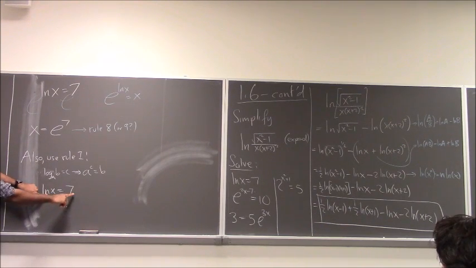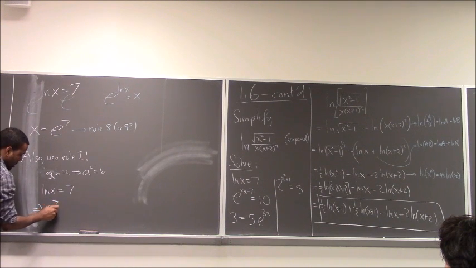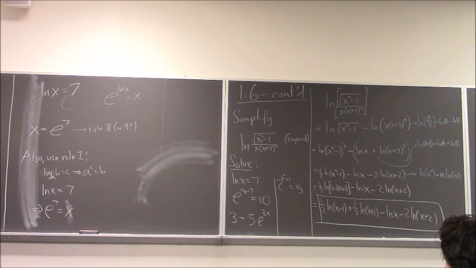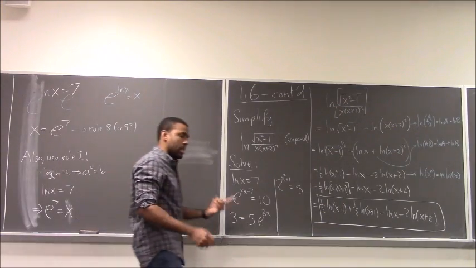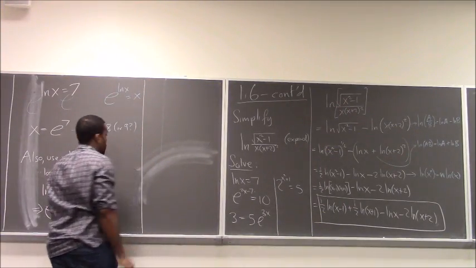So I can take e raised to the power of that and I get this. So either way you think about it, this is by far the more common way to think about it, using e's to cancel ln's. And you can also use ln's to cancel e's, of course, using the other one of these rules.